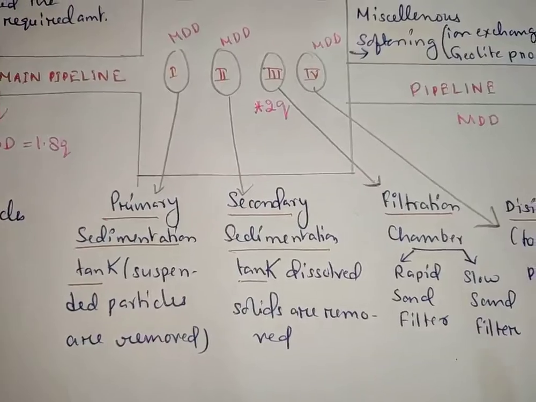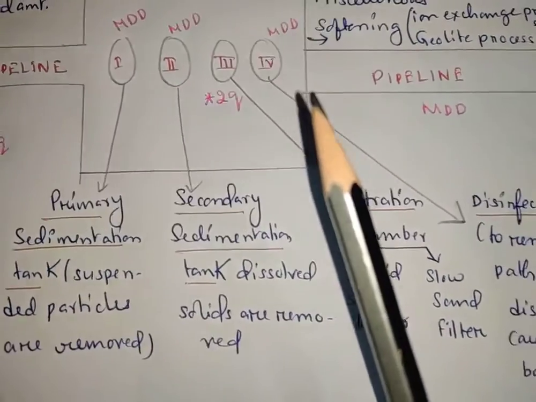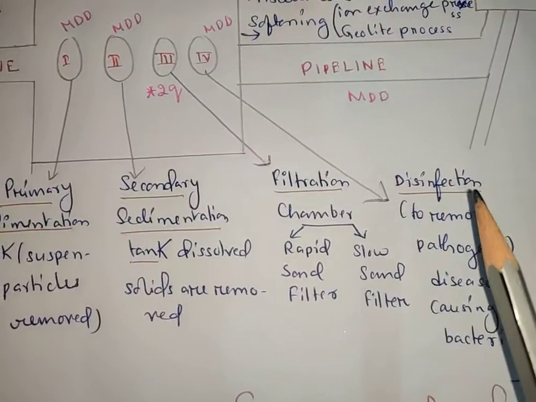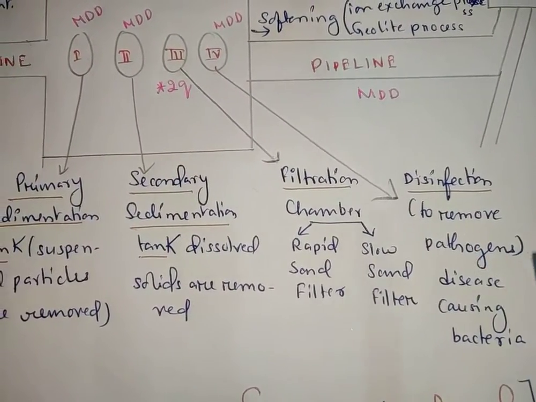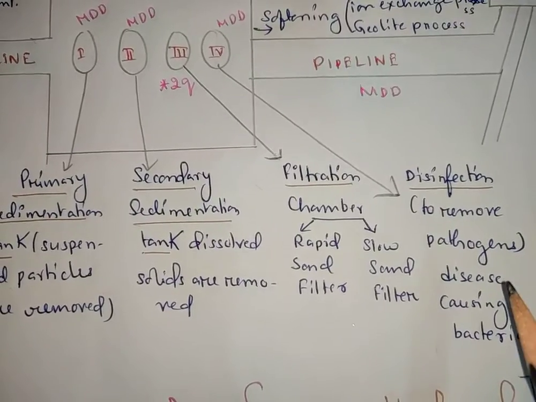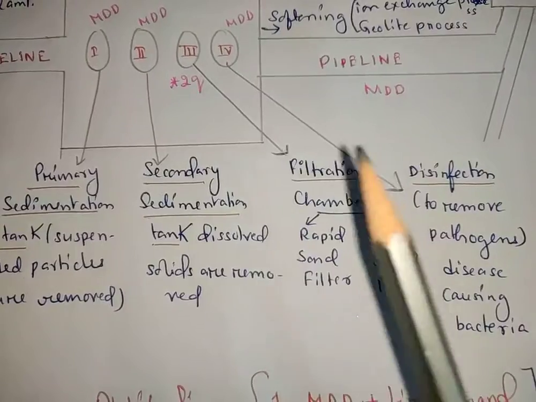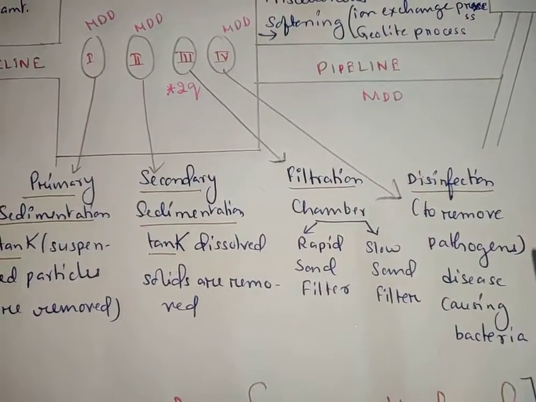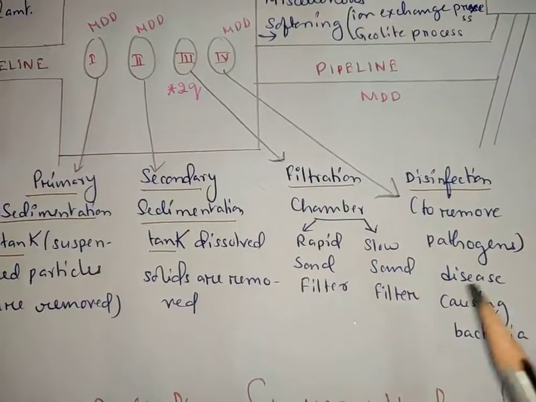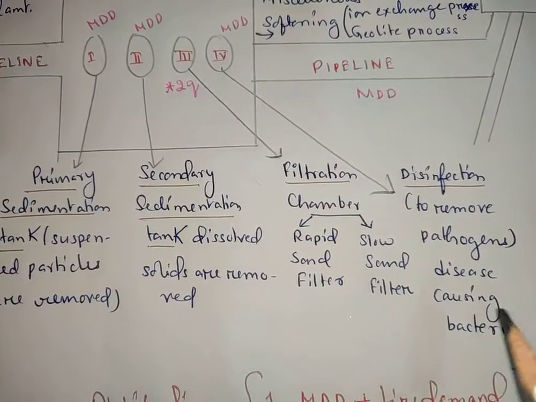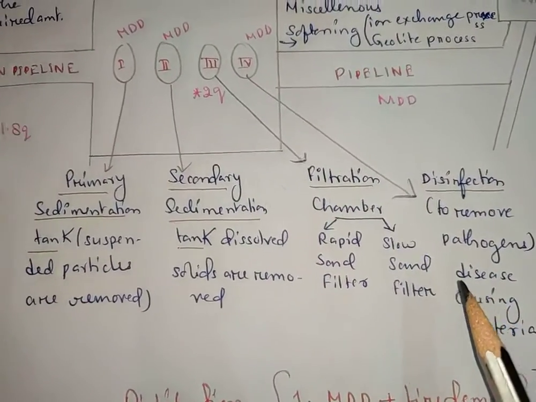After that, in the 4th stage, it is called the disinfection process. Some pathogens are important for our health, but in this disinfection part, all the pathogens that cause diseases are removed.